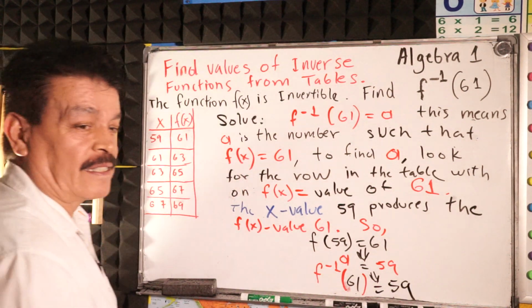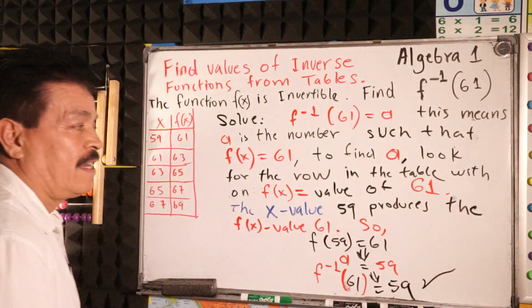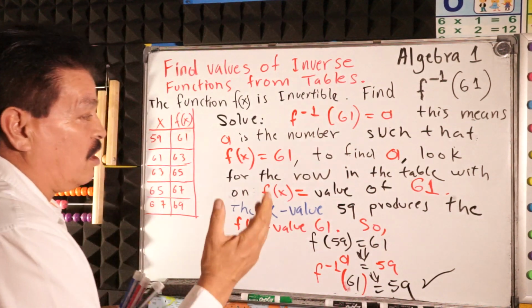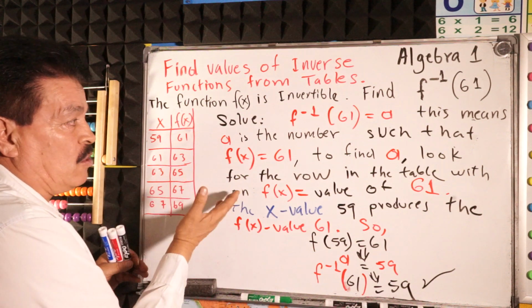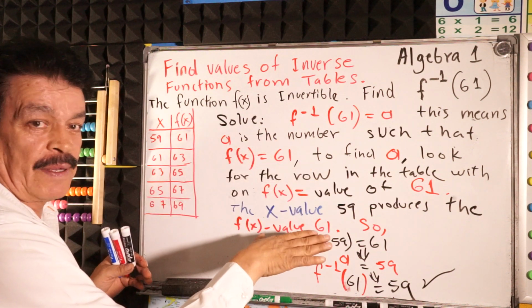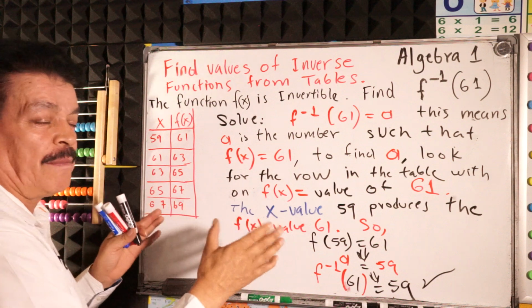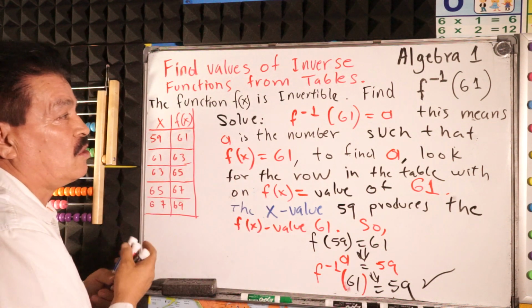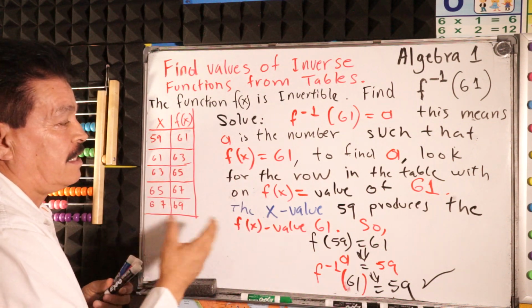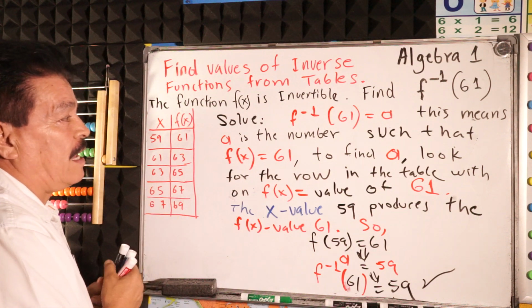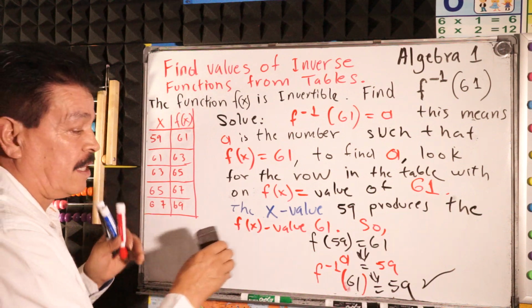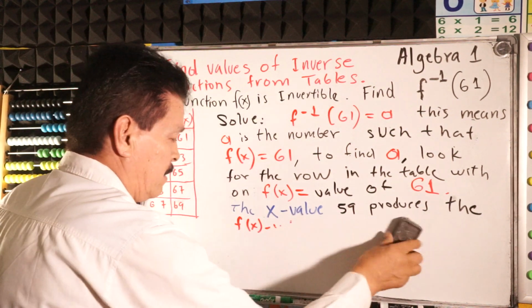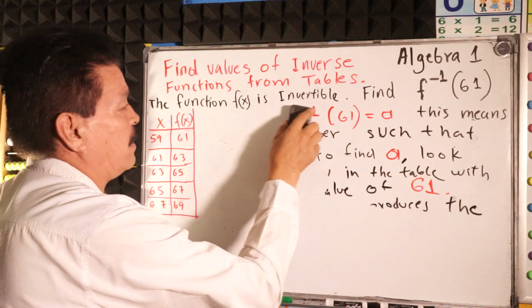See, that's our solution. Let me show another problem without explaining step by step. Right now you see all the steps. I explain all the steps because it's not a complex problem. You just need to follow directions and see where the inverse is, using the tables. Okay, let me erase this and solve another problem.